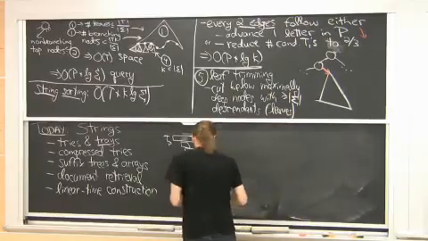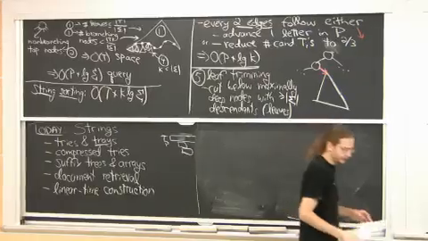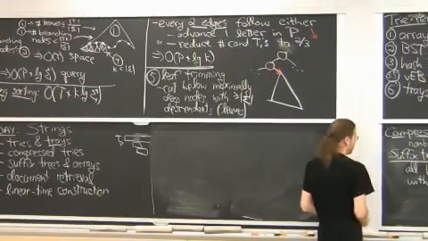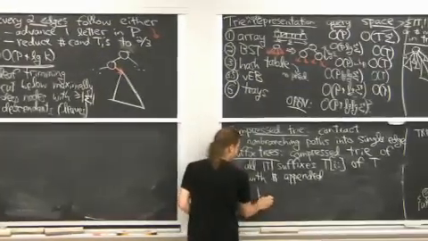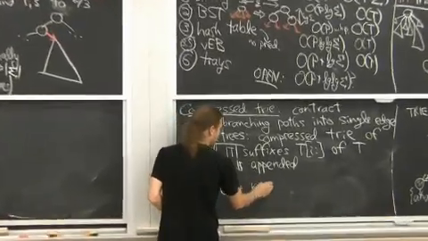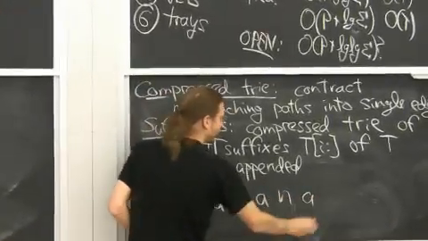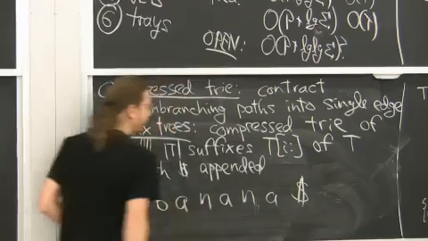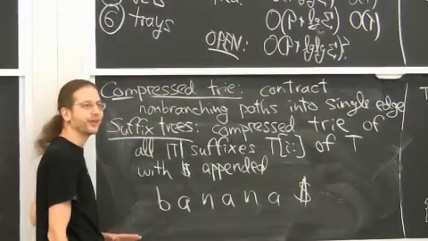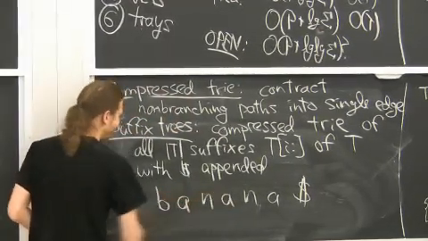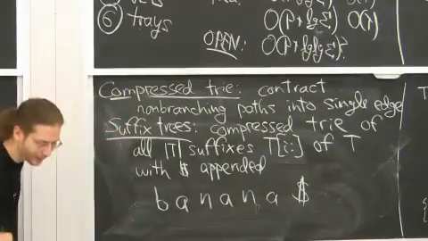Okay, let's do my favorite example, which is banana. I had a friend who said, I know how to spell banana, I just don't know when to stop. It's got this nice pattern to it, and a lot of repeated letters and so on.